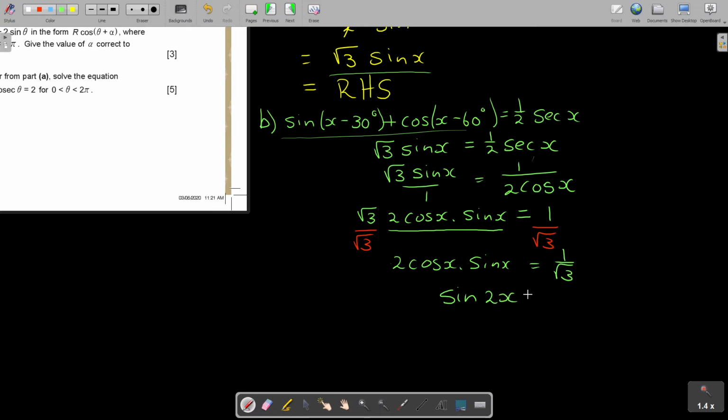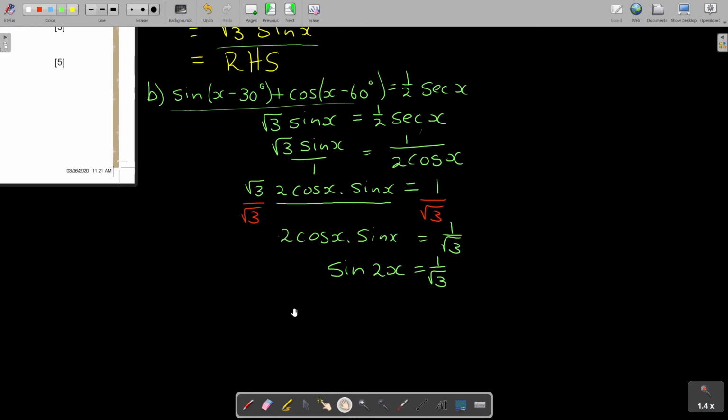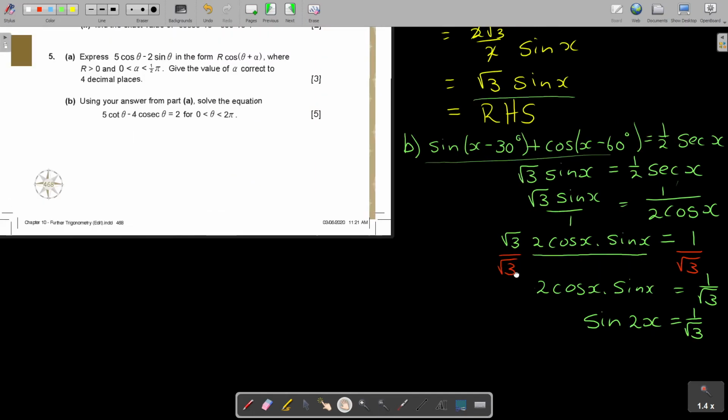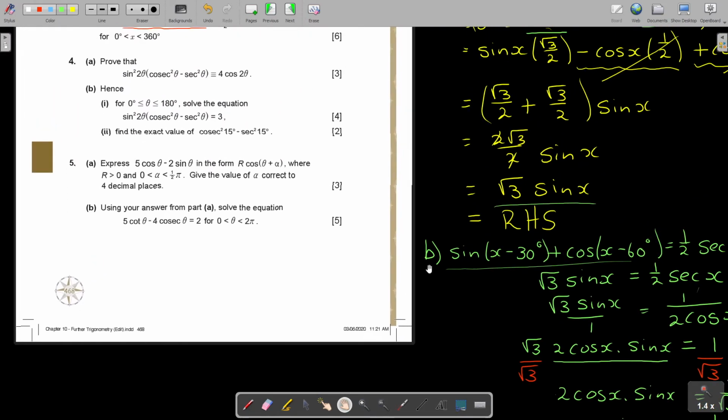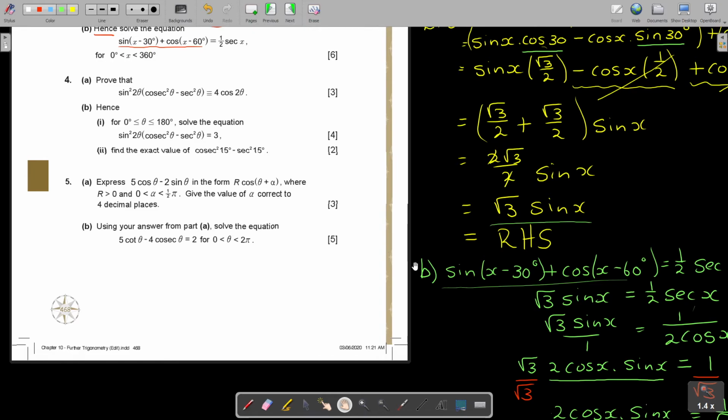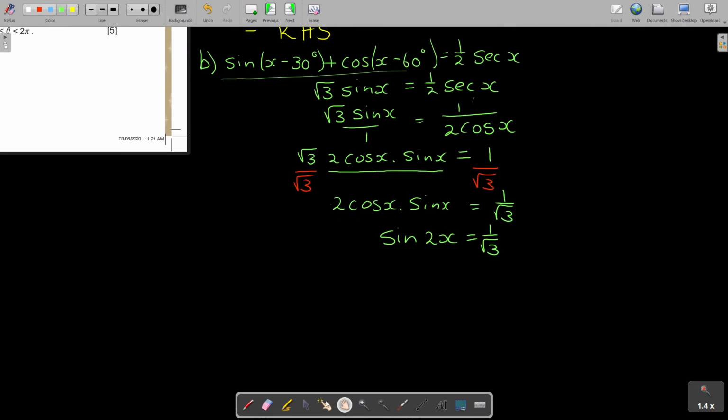It's a double angle and it's 1 over square root 3. Now from chapter 4, you can do this. Don't forget, what was x? x was between 0 and 360. So x is bigger than 0 and smaller than 360.